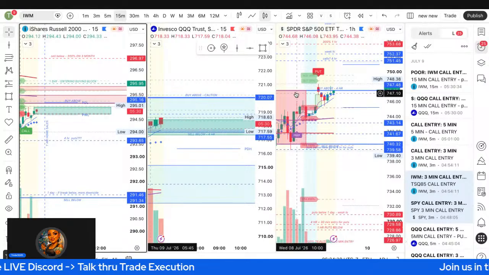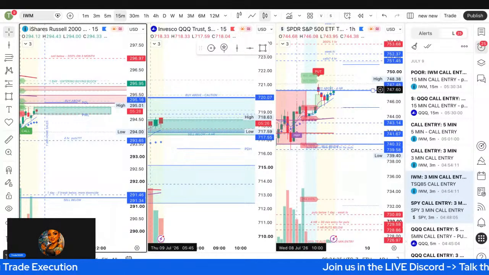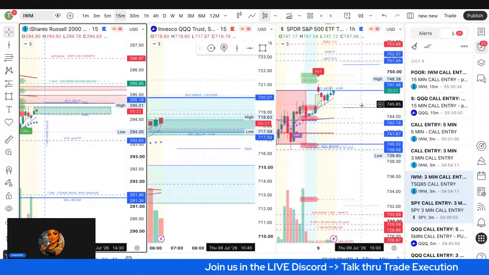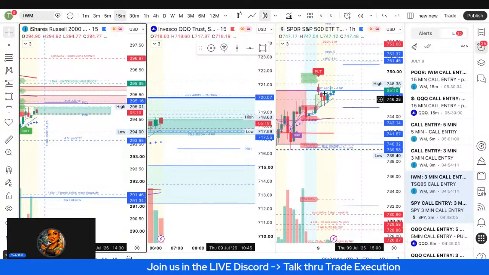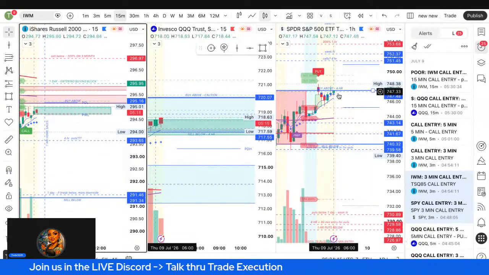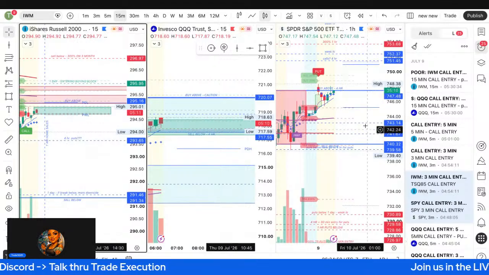You start to see a little bit of that invalidation of this zone here. Trying to break to the upside, but I love to see how we try to break above, failed, sold off at this level, and then we're just continuing to hold at this level.